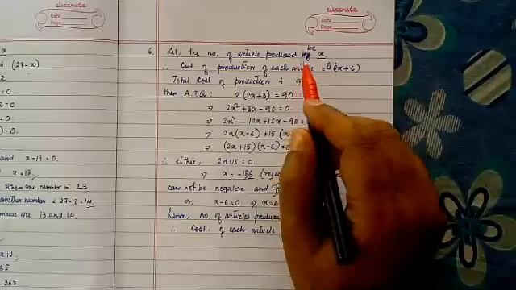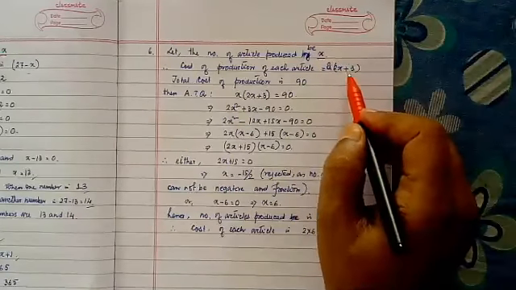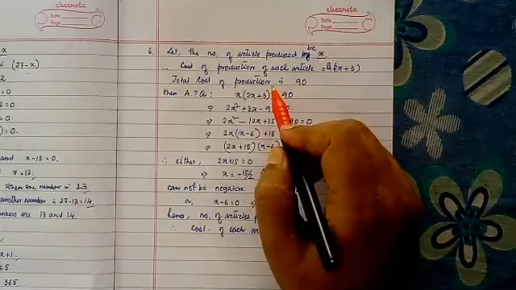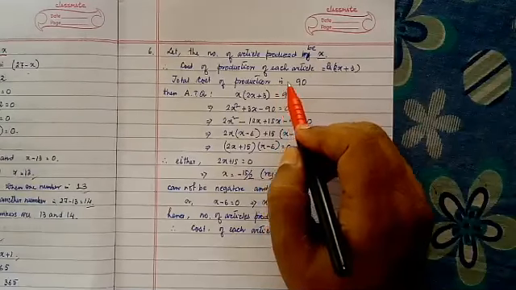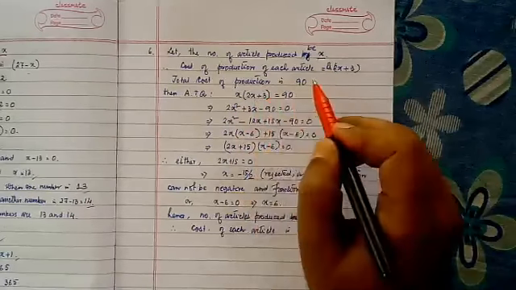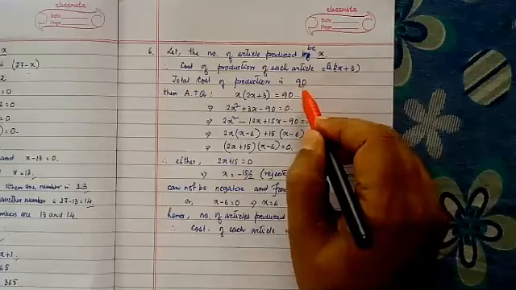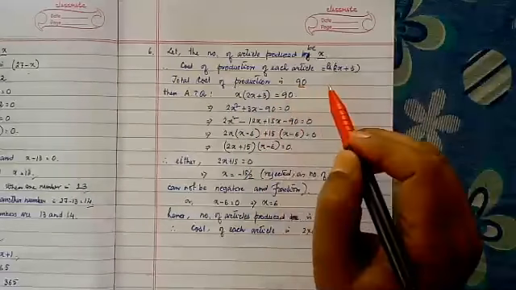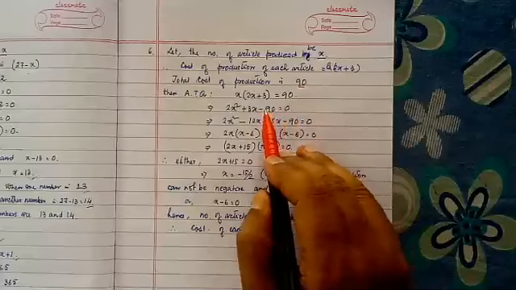So the cost of production of each article is rupees 2x plus 3. Now the total cost of production is number of articles into cost of one article, that is x into 2x plus 3. But you are given that the total cost of production is 90. Therefore x into 2x plus 3 is equal to 90, which gives 2x square plus 3x minus 90 is equal to 0.